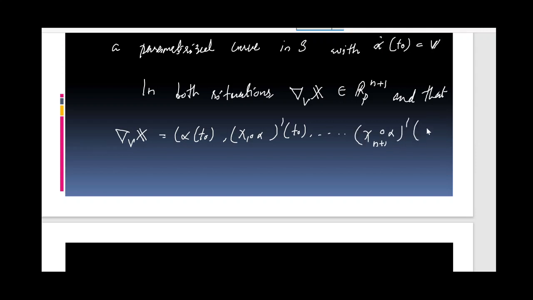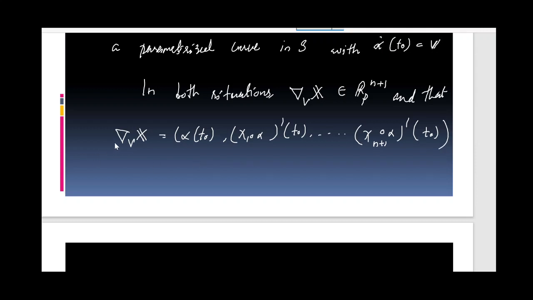In both situations, del_v x belongs to R^(n+1)_p, and del_v x is equal to (alpha(t naught), x1 composition alpha dash of t naught, etc., and the last quantity should be x_(n+1) composition alpha dash of t naught).